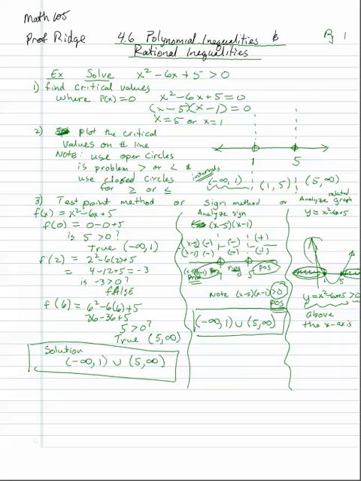Because this is above the x-axis. So that means the y values are positive. And remember, we're finding the x values. So my solution set would be negative infinity to 1 union 5 to infinity. So you can do it any of the three methods, whichever one you understand the best.